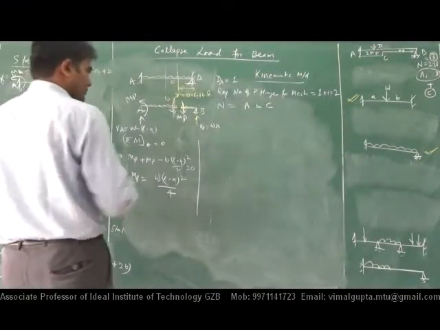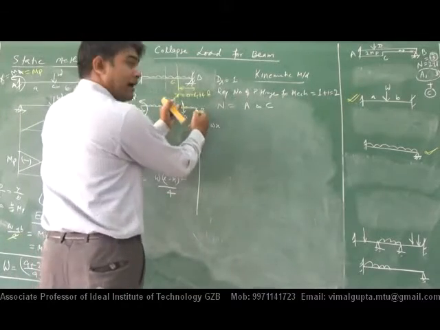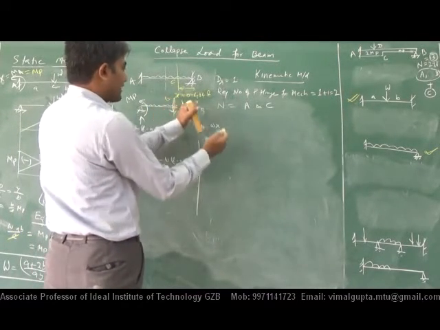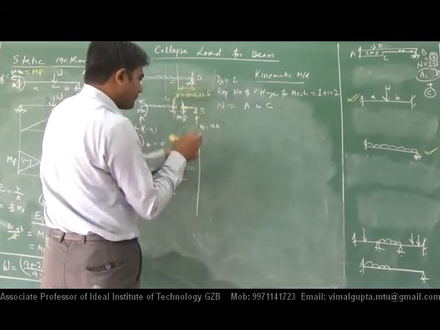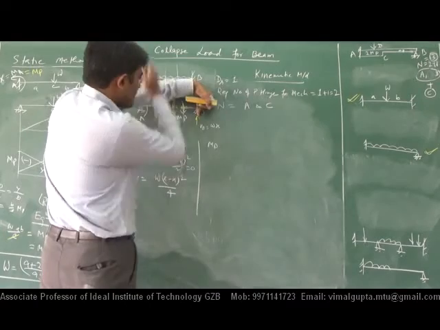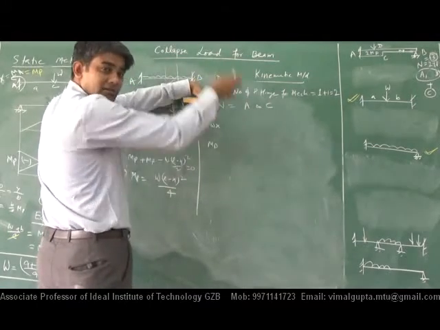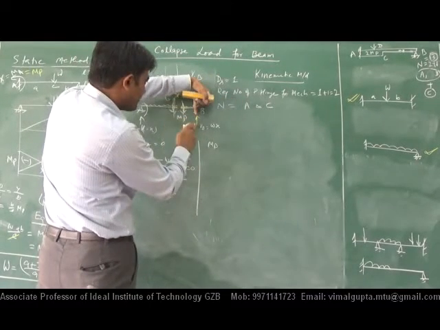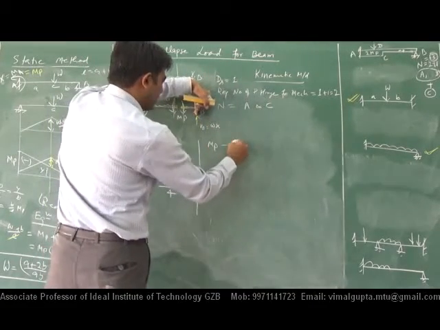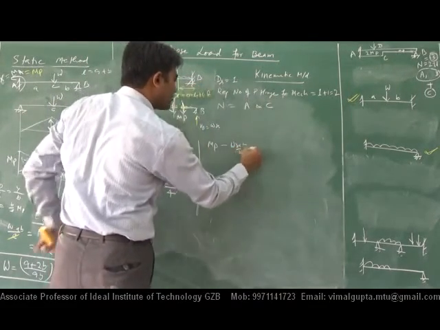And from the other side, if we apply bending moment 0 at point B, then MP clockwise, with no anti-clockwise term, minus W into X square by 2, equals 0.